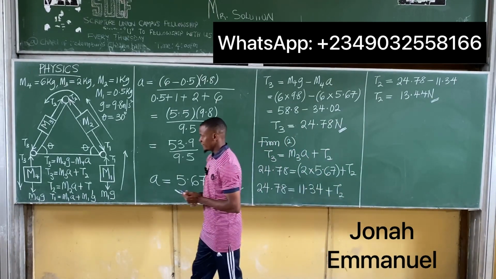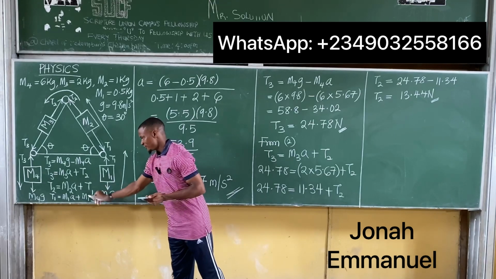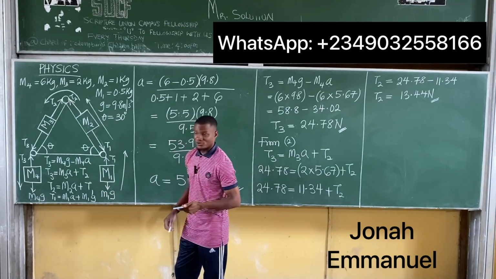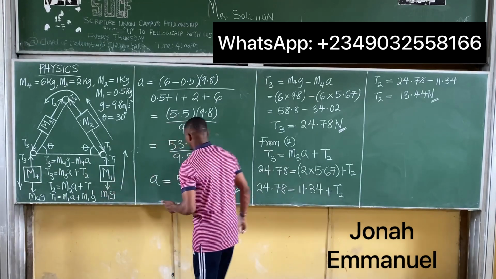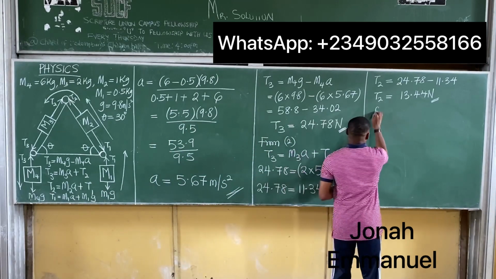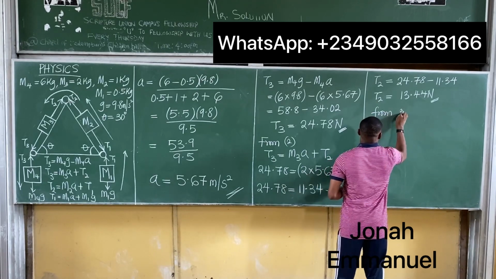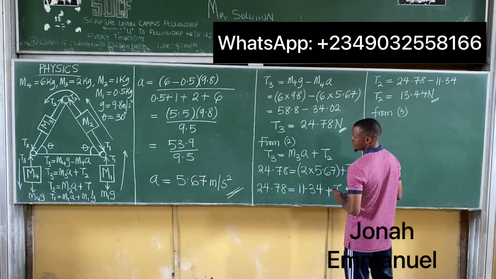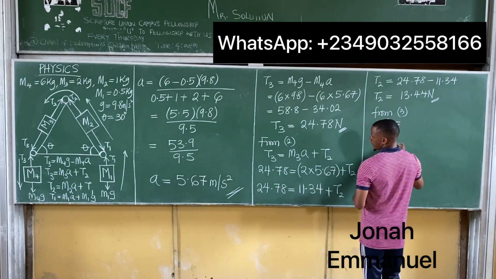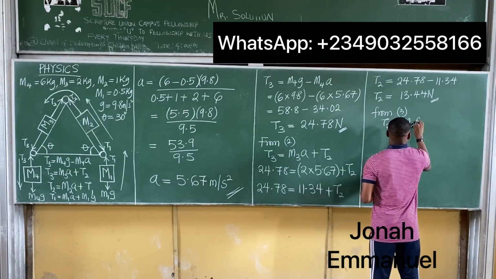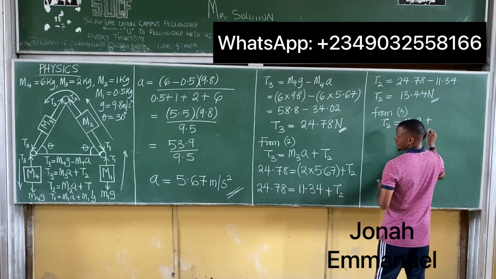Finally, let's get the value of T1 using any of these two equations. So I'll use both equations to see if my answer is correct. Let me use equation 3. So from equation 3, we had T2 is equal to M2A plus T1.